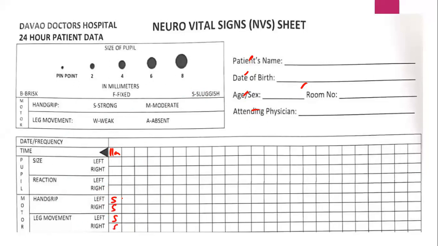If moderate, write M. If weak, write W. For example, 12 p.m., 1 p.m., 2 p.m. Sir, is it possible that the left is strong and the right is weak? Possible. Maybe the patient has right-sided paralysis or right-sided weakness. Alright?